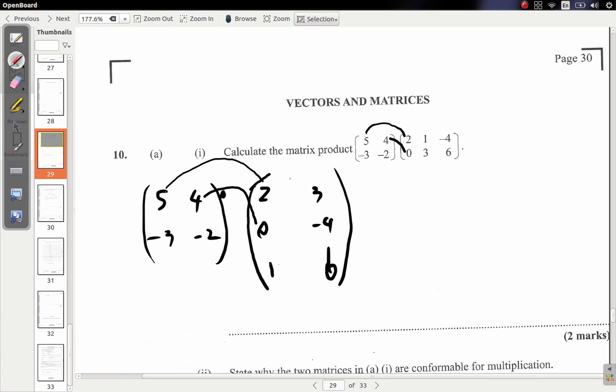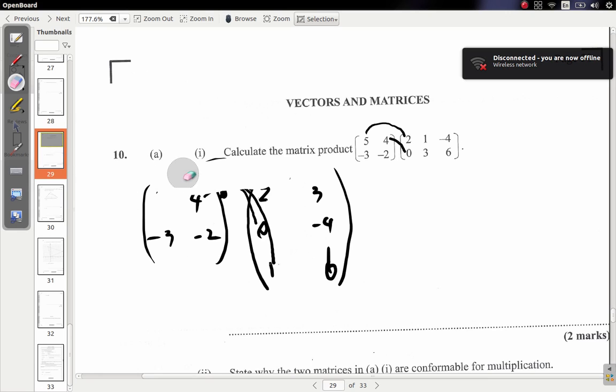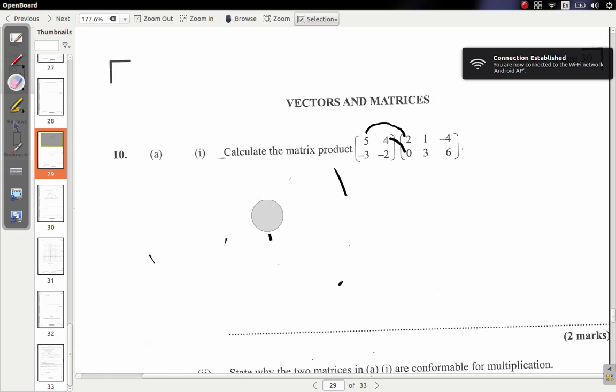But you need something else here by 1, so it would not work. The number of columns in the first must be equal to the number of rows in the second. Here you had 2 columns and 3 rows. That cannot work. You cannot multiply them that way.